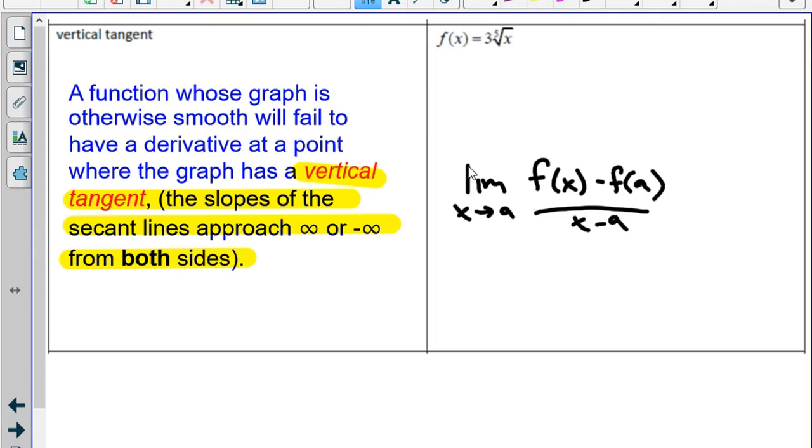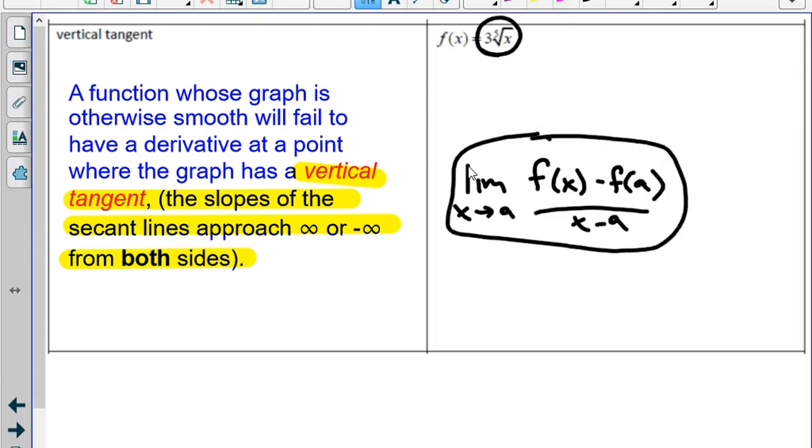When you take the derivative of this function using a shortcut, or you just take the limit using this, you're going to end up with something like 1 over 0 or 3 over 0. So it actually ends up going off to infinity on both sides.